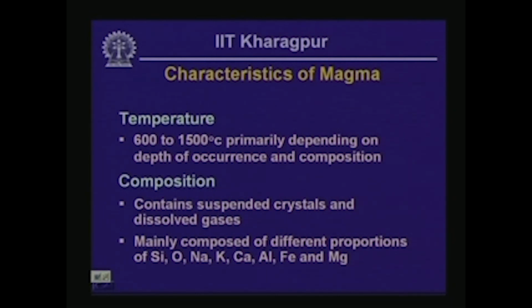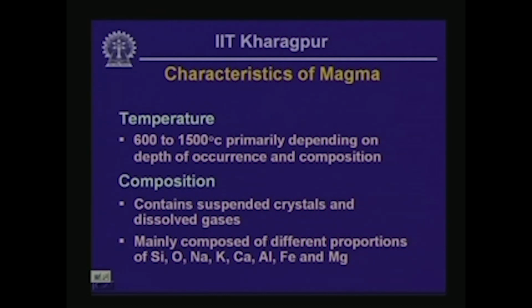As a result, the mixture exists in a partially molten state, and magma at different temperatures would have different species of mineral crystals in suspension.